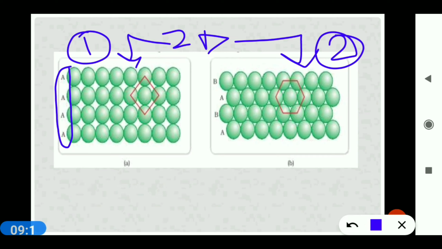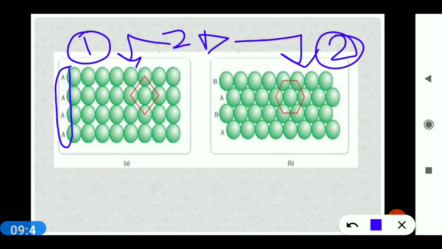Now in the next one, second type, the particles are arranged in the space between the two particles. So in case of the second, that is hexagonal close pack arrangement, the particles are in between the depression of the first one, and as a result two layers are obtained.